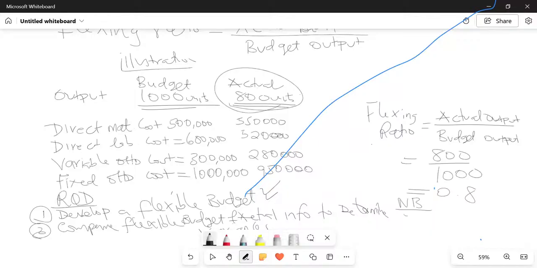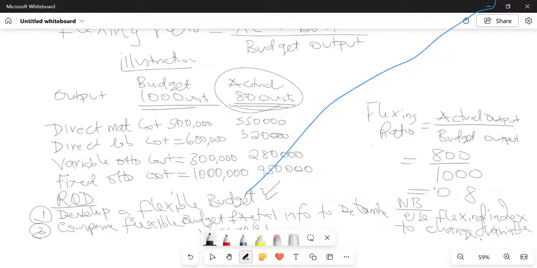You use the flexing index to change variable costs. That is a very important thing, because we can only flex variable components. We can never flex fixed costs. Never.